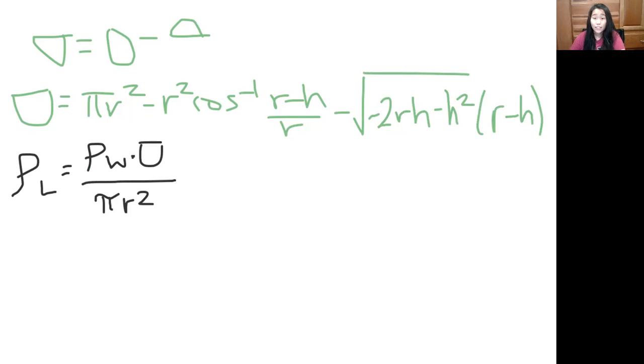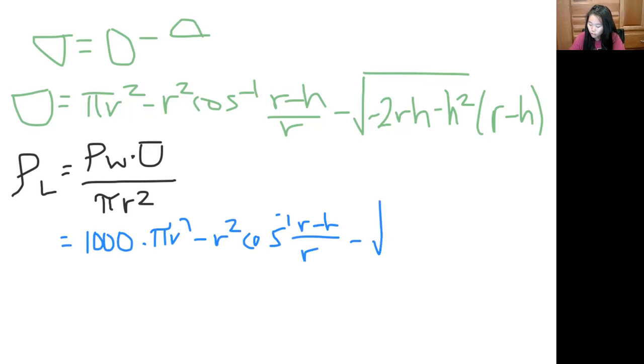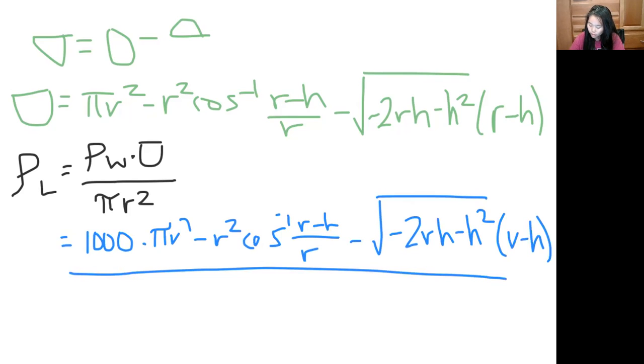Remember that the density of water is 1,000 kilograms per meter cubed, so we end up getting 1,000 times pi r squared minus r squared inverse cosine of r minus h over r minus the square root of negative 2rh minus h squared times r minus h, and all of this is divided by pi r squared. And this is how you'd find the density of a perfectly cylindrical wooden log that's floating in the water.